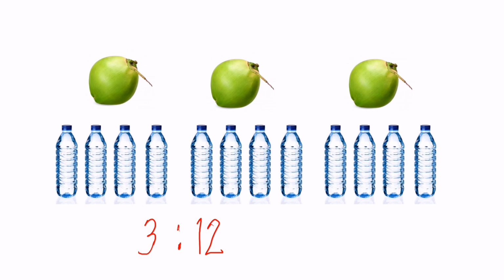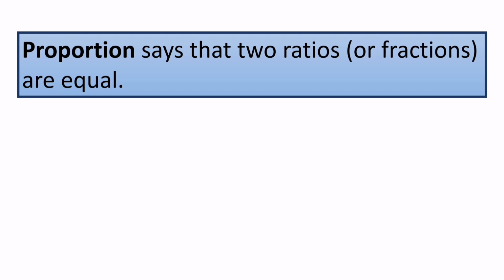Pero, ang tinatanong ay magiging the same ba yung lasa nung buko juice kapag 3 buko at 12 liters of water? So, dyan papasok ang proportion. So, when we say proportion, it says the 2 ratios or fractions are equal. So, it is the equality of 2 ratios.